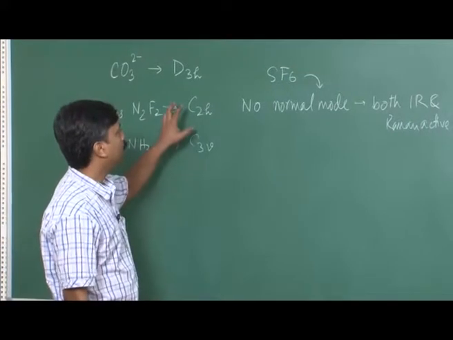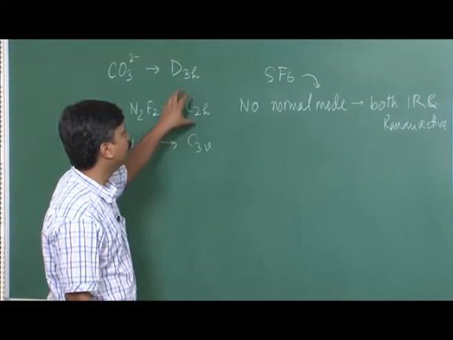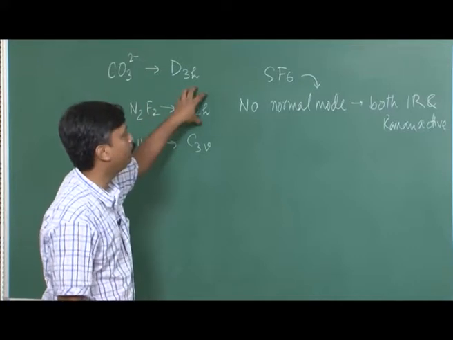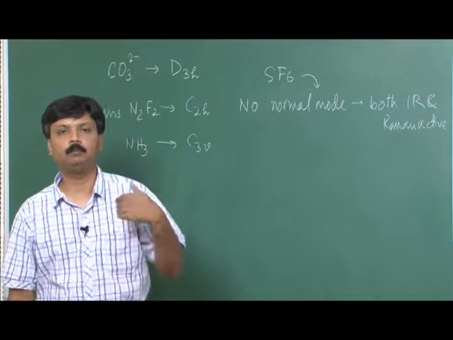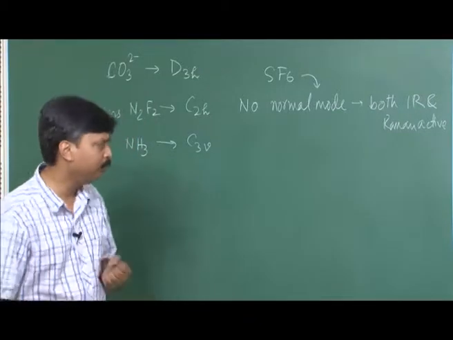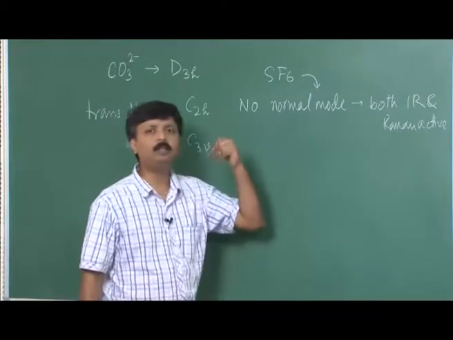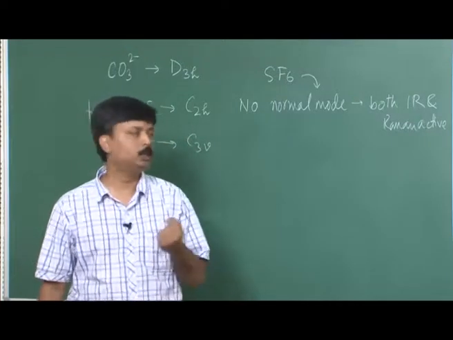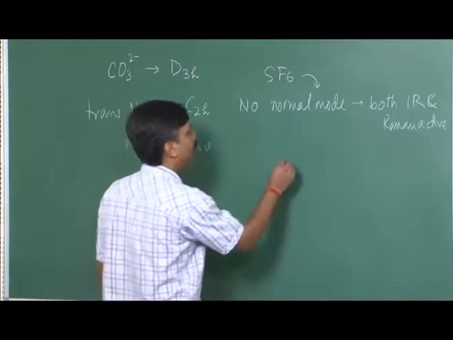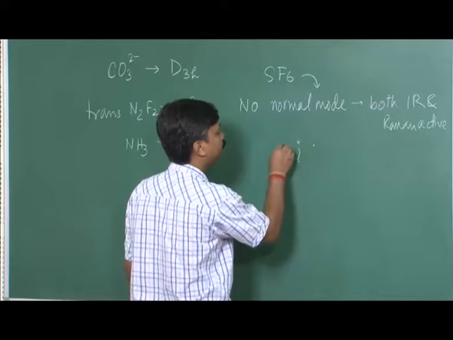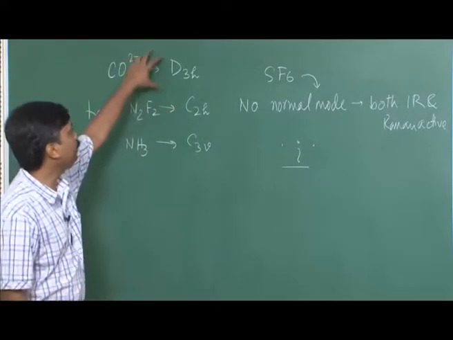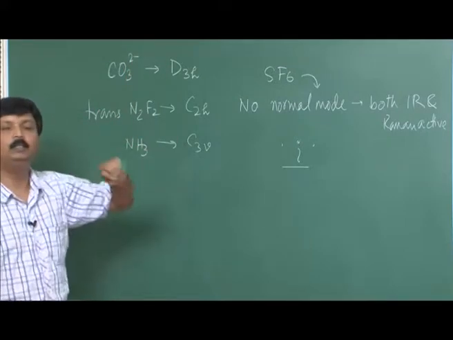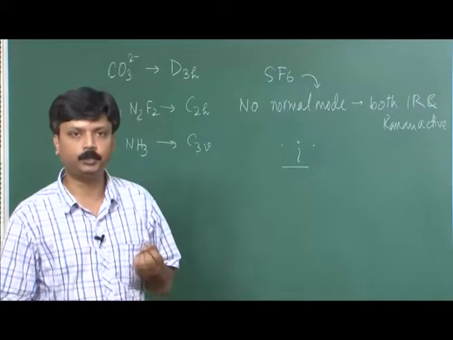What is common between this molecule, or the point group to which SF6 belongs, or, say, benzene belongs to, is that all of them are centrosymmetric. Centrosymmetric means all of them have an inversion center, while all the other types of molecules that we discussed do not have a center of inversion.